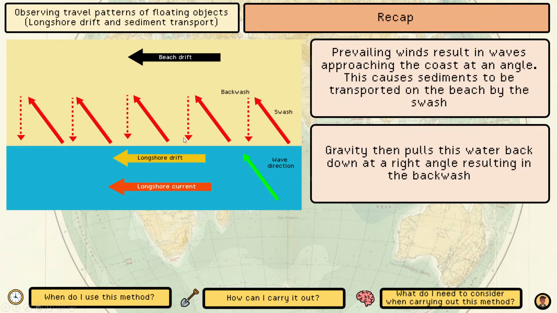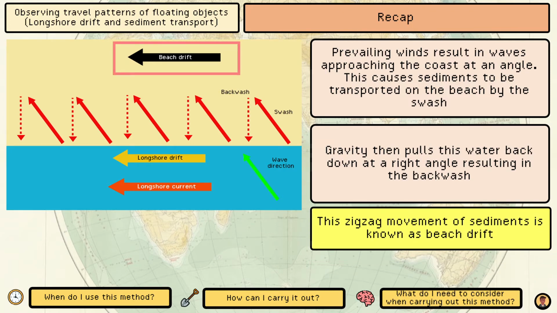So you see some sediments being pulled back into the sea. I hope that explains to you your swash and backwash, and I hope you remember what is causing the swash and what causes the backwash. And this results in a zigzag motion in terms of sediment transport.